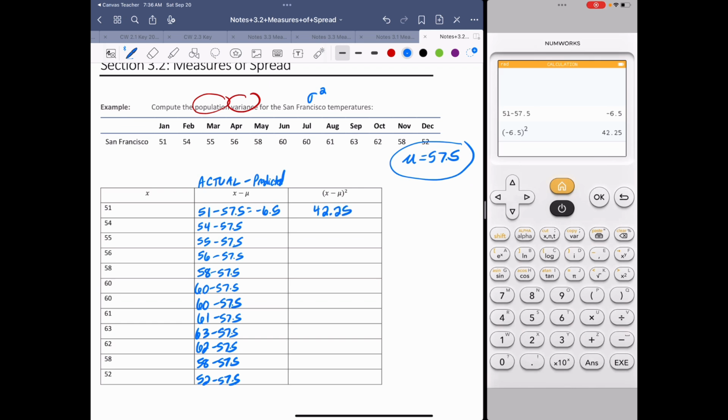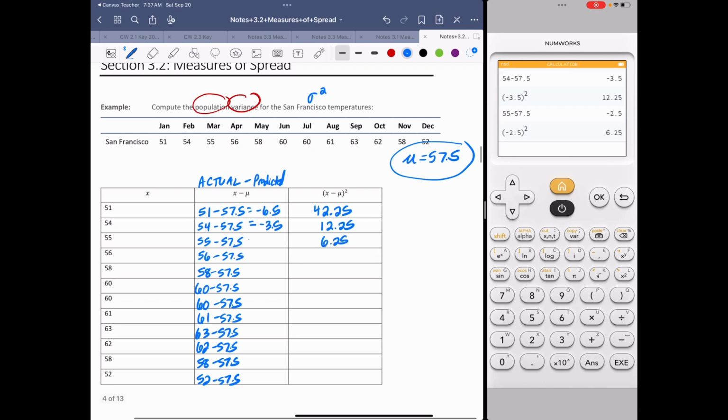All right, go to your next one, and I'm going to do 54 minus 57.5. Enter, and I get negative 3.5. And same thing, I'm going to square it, enter, and I get 12.25. 55 minus 57.5, enter, square it, enter, and I get 6.25.